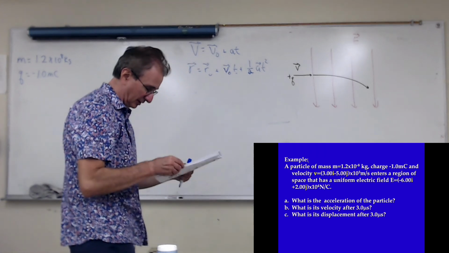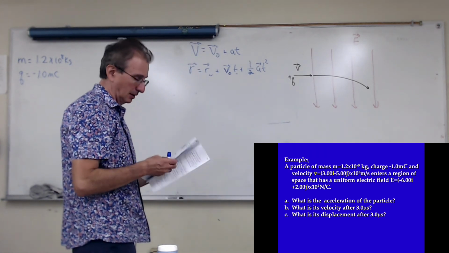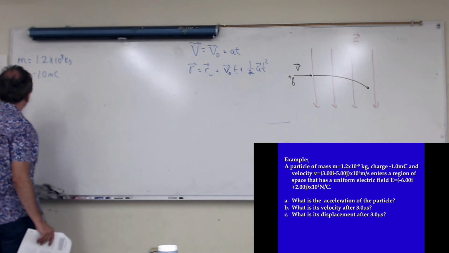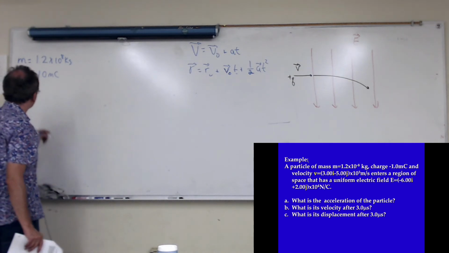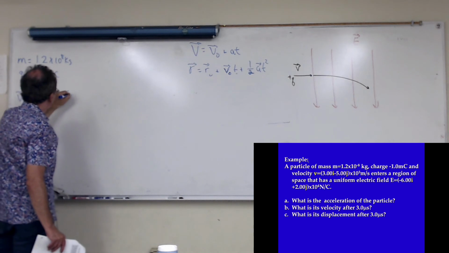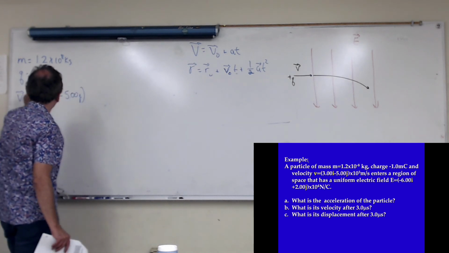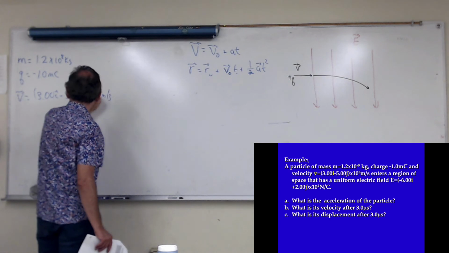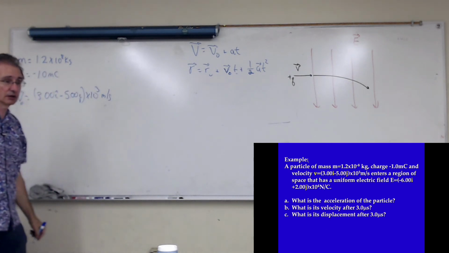I always forget that. The velocity is 3I minus 5J times 10 to the third meters per second. That's the initial velocity of this thing.